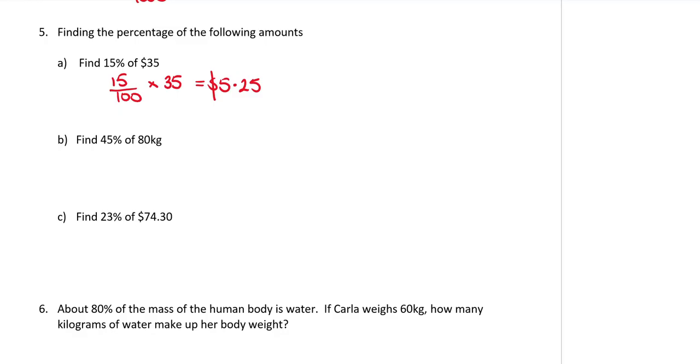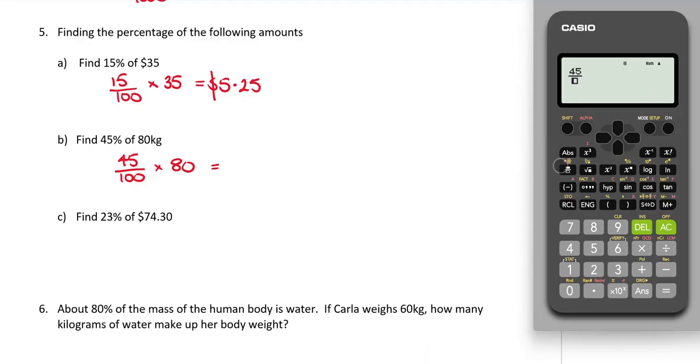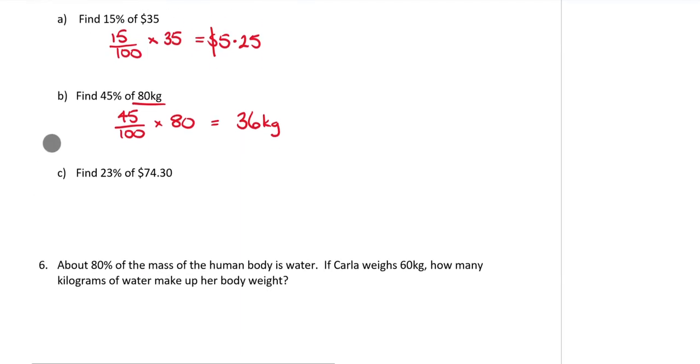Let's try another one. 45% of 80. 45% means 45 out of 100. Of means times the 80. So let's type that in. 45 out of 100 times by 80 is 36, and that will be in kilograms because my quantity was in kilograms.